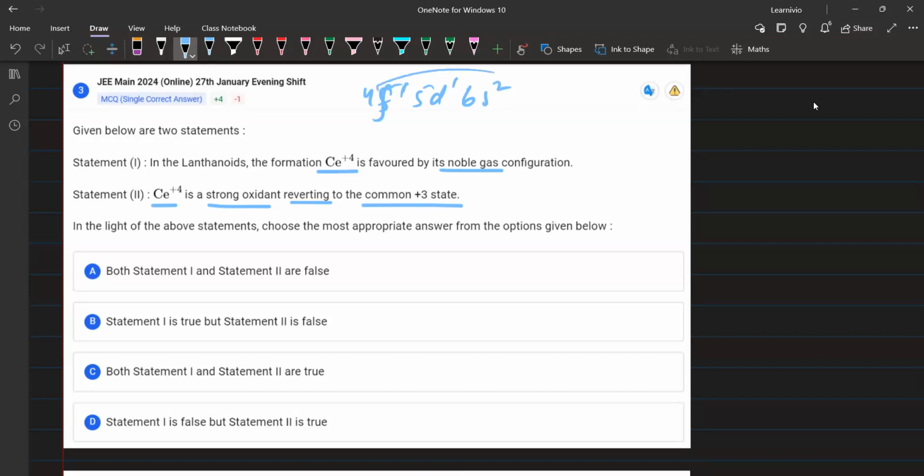You can see that you have 4 electrons. Remove them, then you will have the noble gas configuration left. So this is true. And since Ce is in +4 oxidation state, it can go to the common oxidation state, that is +3. Ce4+ is getting reduced, so it is going to be a good oxidizing agent. So this is also true. So both statement 1 and 2 are true.